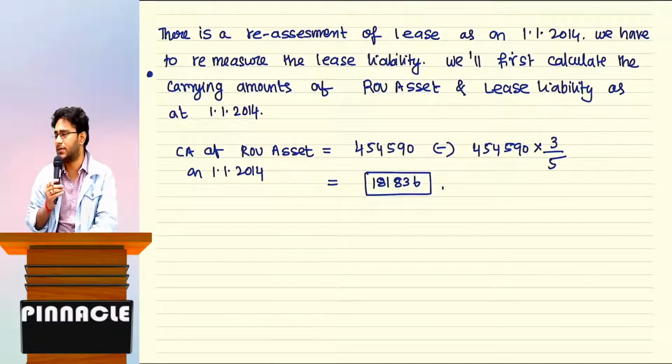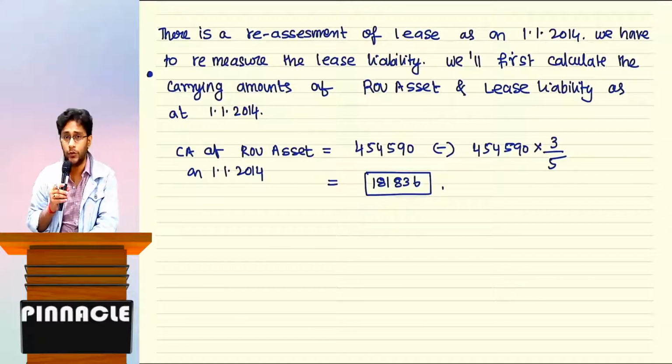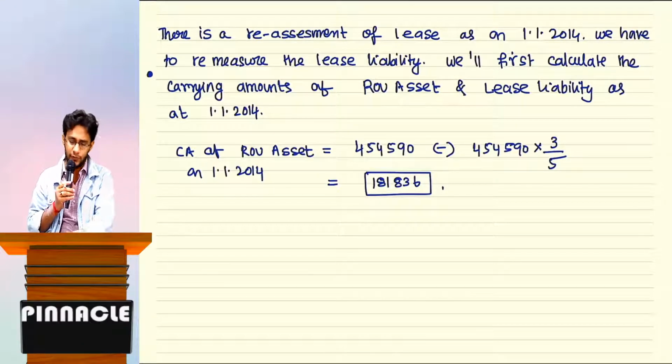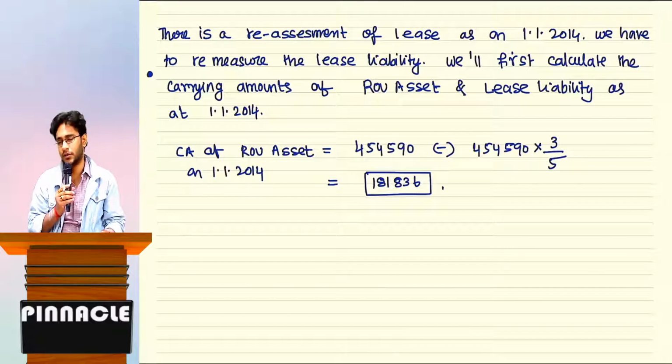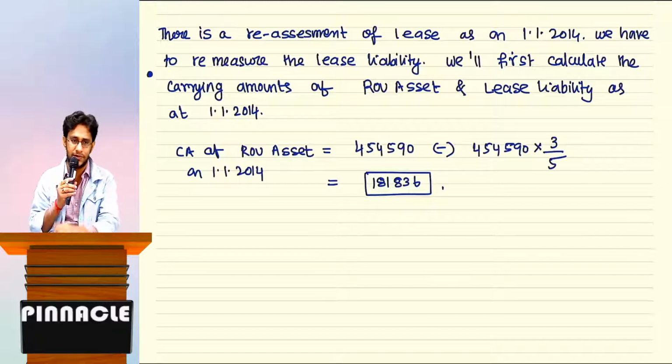There is a little ambiguity in the question, because subsequently when you try to do this sum on your own, you get a small doubt. So before you get that doubt, I am explaining it. The question says that in the first quarter of 2014, after installing some leasehold improvements, you reassessed that the lease term is going to increase. But look at the language I wrote in this paragraph. There is a reassessment of lease as on 1/1/2014.